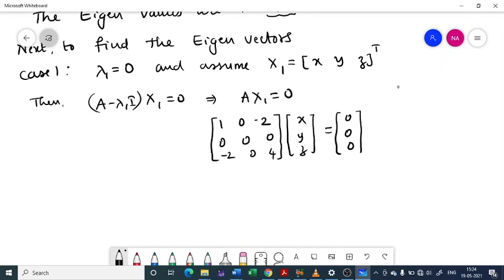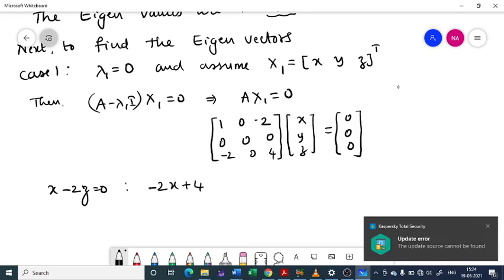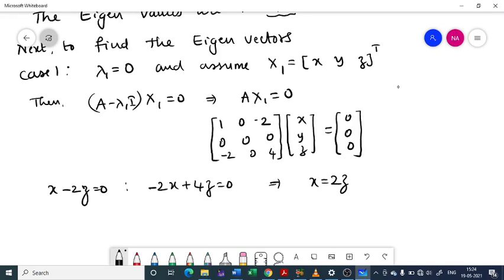So what do you get from this? x minus 2z equal to 0, and the second row 0 0 0, no problem, and minus 2x plus 4z equal to 0. So from these two you can check that you will be having x equal to 2z.